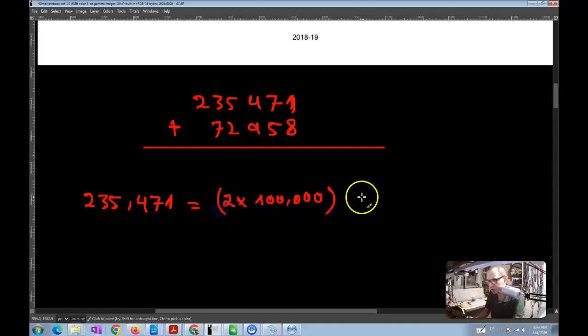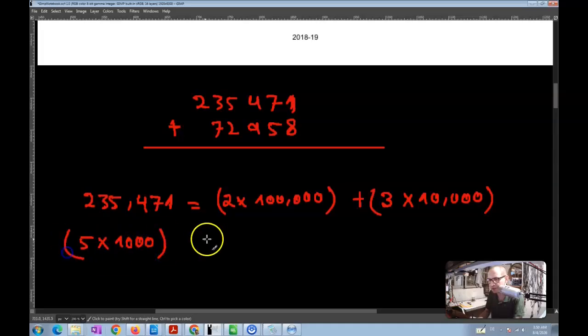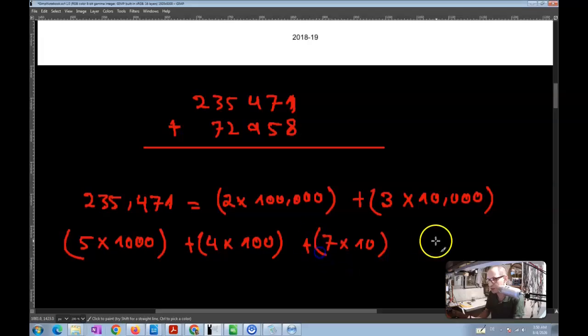This 3 is in the 10,000 place value, so that's 3 times 10,000. This 5 is in the 1,000 place value, so that's 5 times 1,000. This 4 is in the hundreds place value, so that's 4 times 100. This 7 is in the tens place value, that's 7 times 10. And this 1 is in the ones place value, so that's 1 times 1.